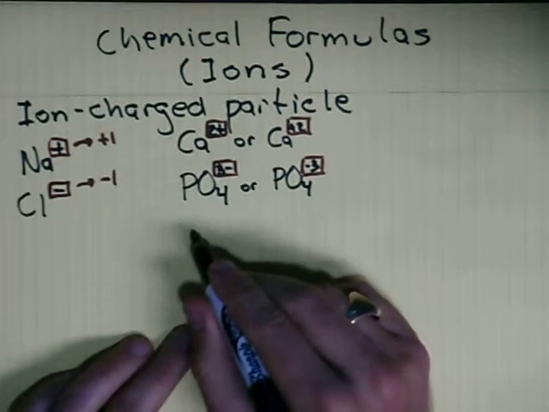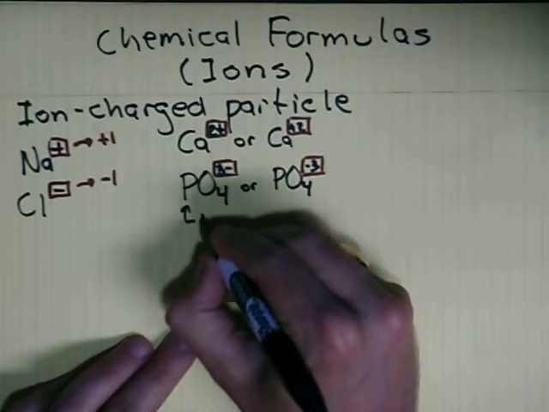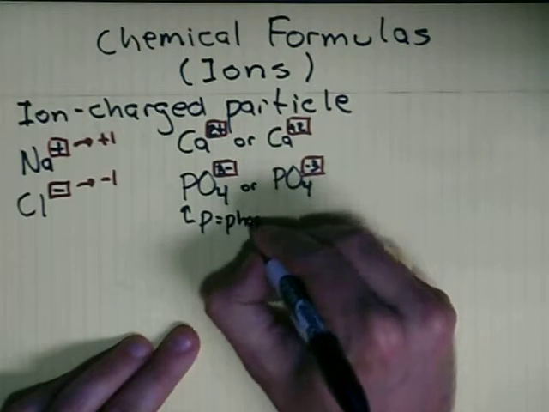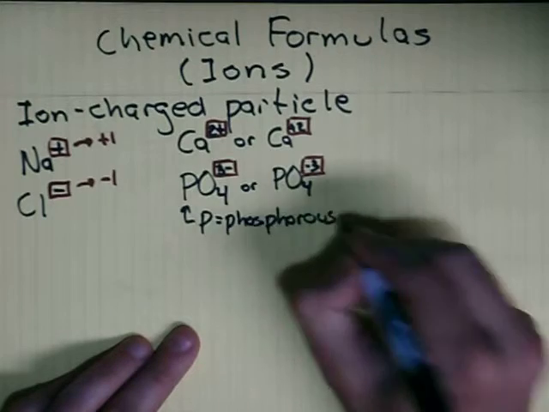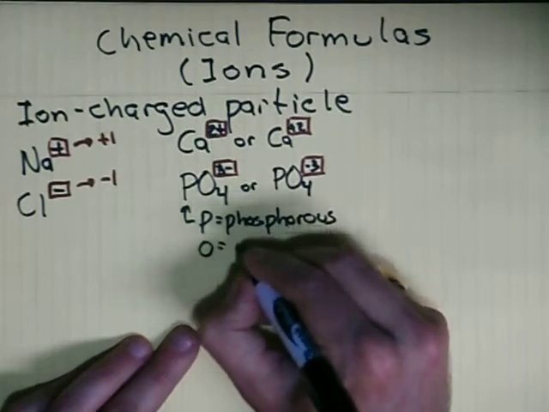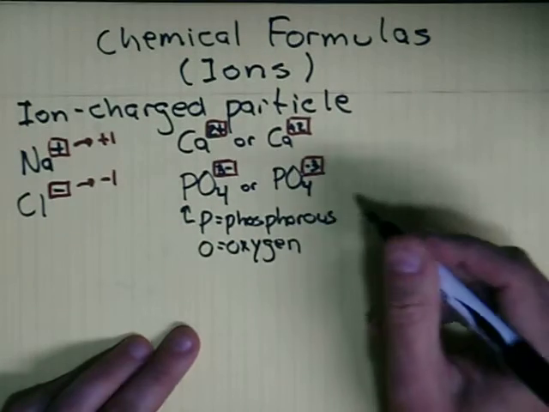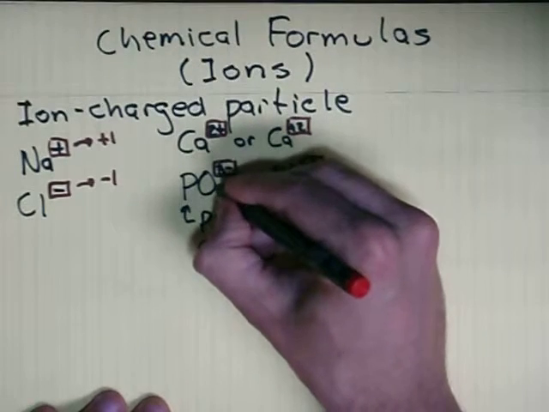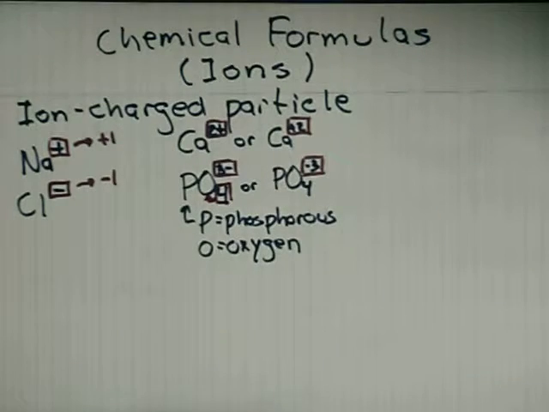And what is PO4? Well, let's take a look at it. P is phosphorus. And O, well, we know O is oxygen. And how many oxygen are there? We see that we have a 4 here, and that 4 tells us how many oxygens.